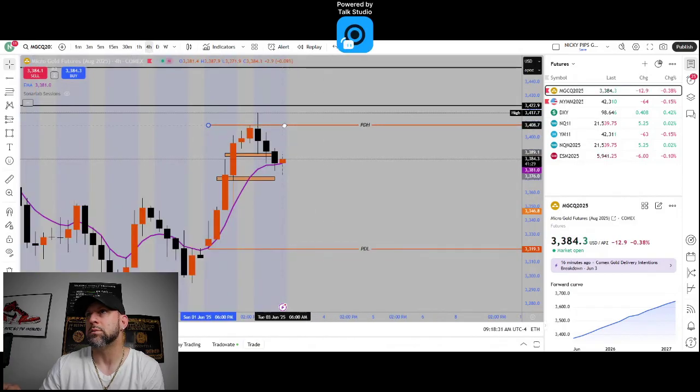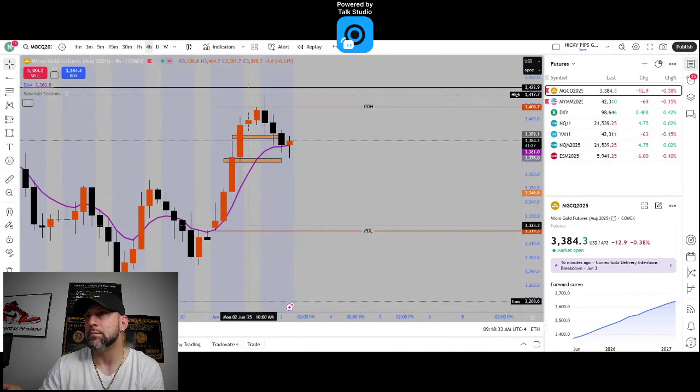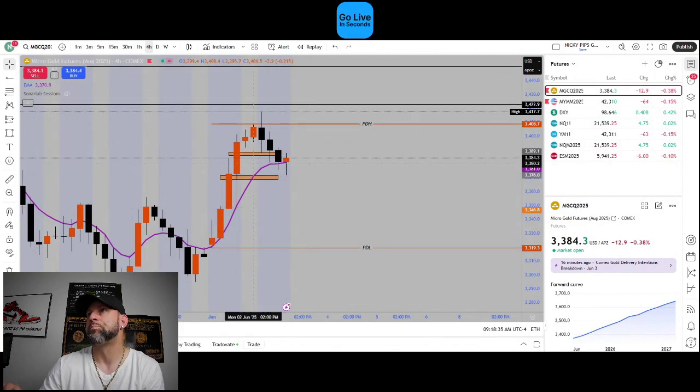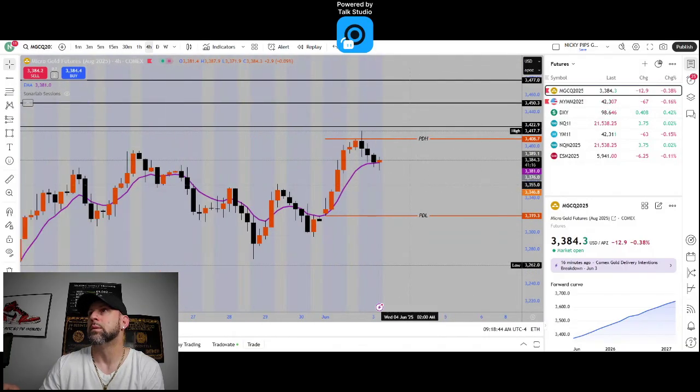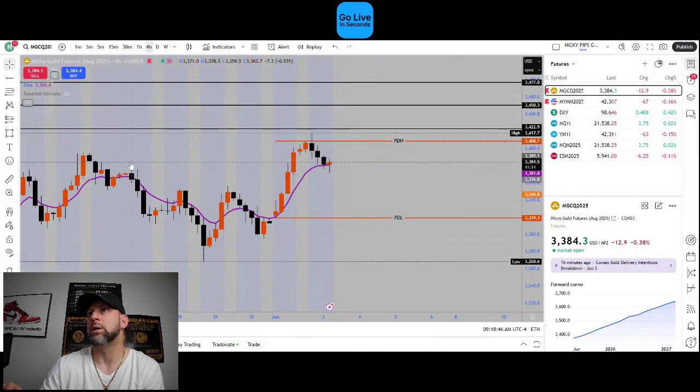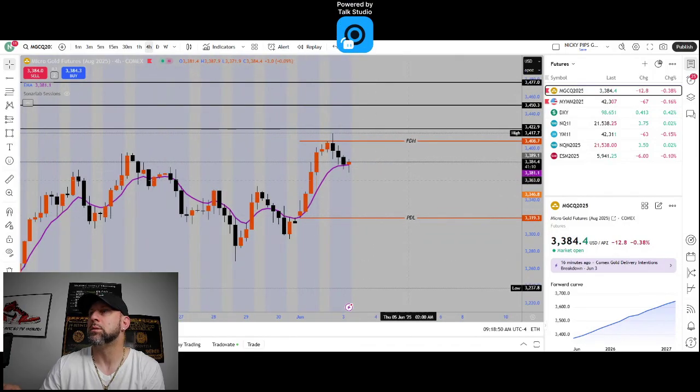So of course, it was right there, and that looks pretty good. So we got to remove this. All right. So we try to look at the 4-hour and look for support and resistance.